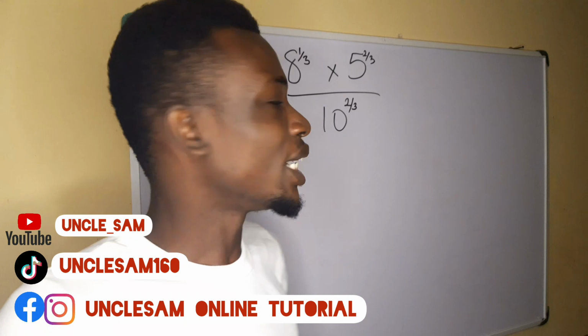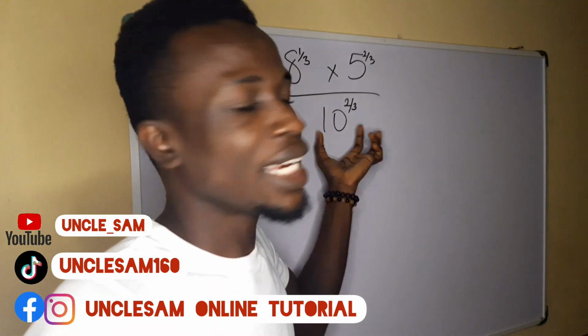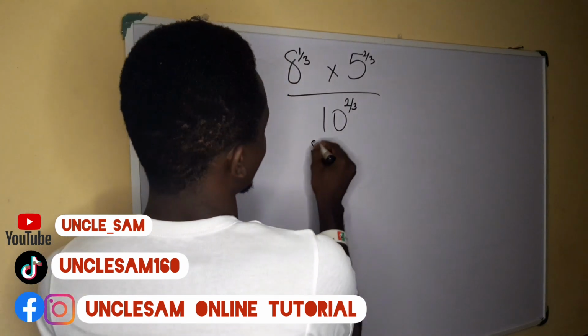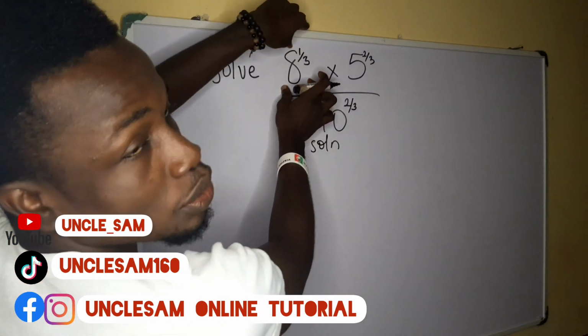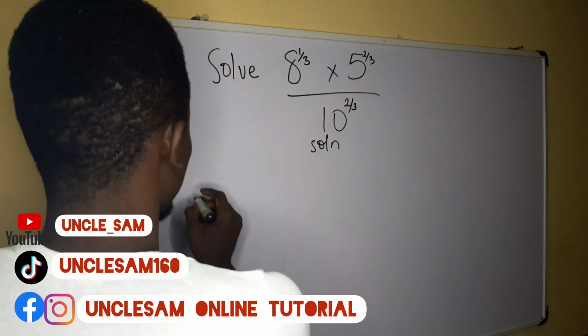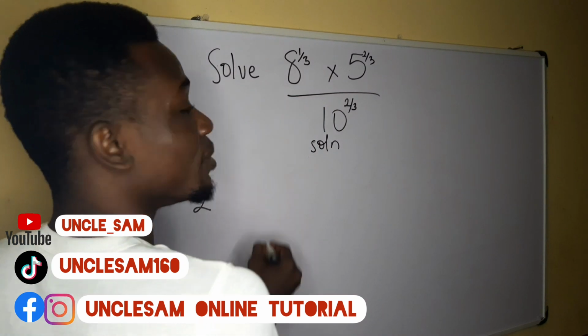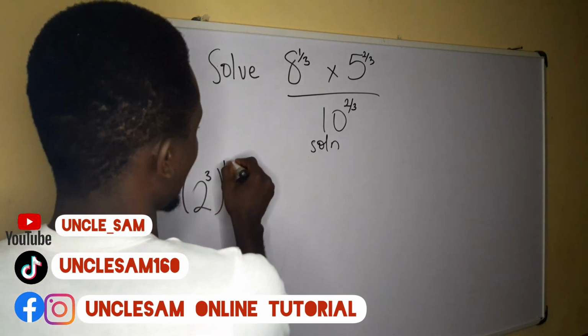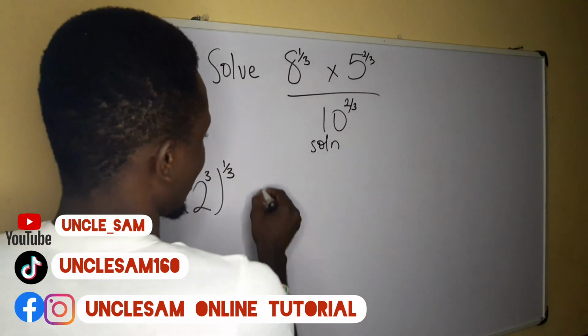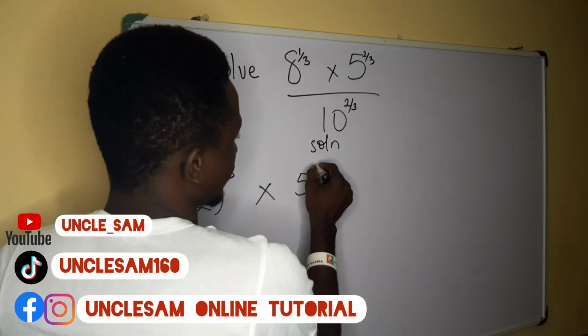Now, the first thing to do here is to rearrange this. I can reduce this to the lowest base. 2 to the power of 3 will give me 8. Then I'll put a bracket to hold the power that it came with, 1 over 3, times 5 to the power of 2 over 3.